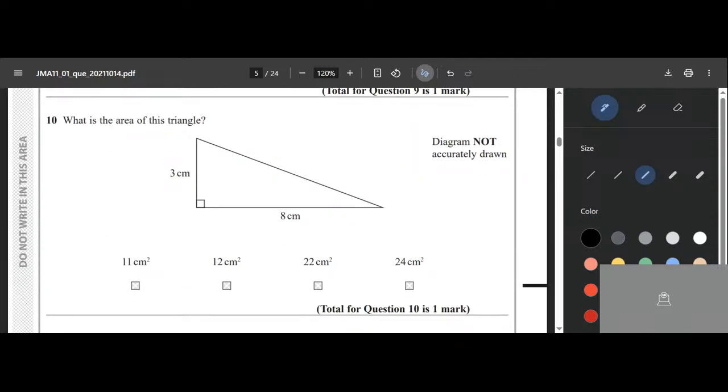In question 10, you are told, what is the area of the triangle? So find the area of a triangle. Area of a triangle is equal to a half times the base times the height.